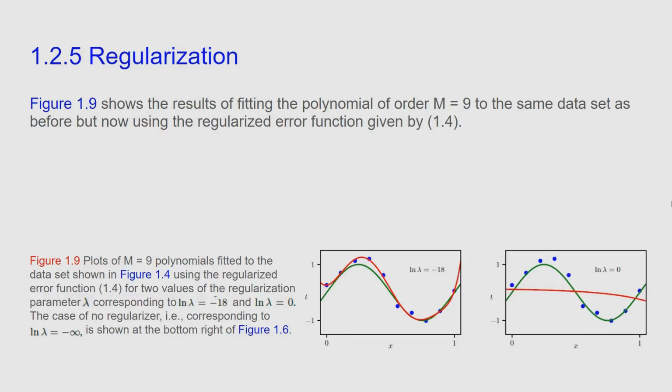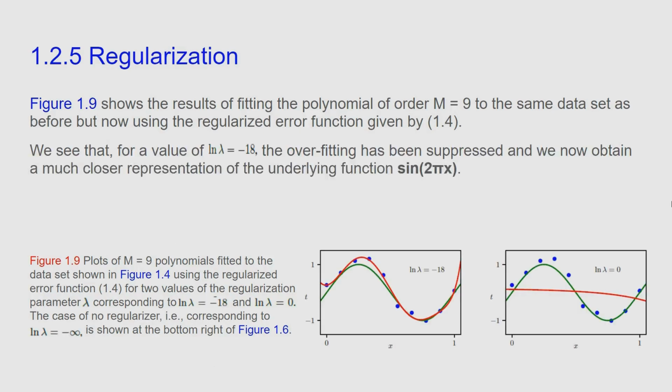Figure 1.9 shows the results of fitting the polynomial of order M equals 9 to the same data set as before, but now using the regularized error function given by 1.4. We see that for a value of ln lambda equals minus 18, the overfitting has been suppressed, and we now obtain a much closer representation of the underlying function sine 2πx.